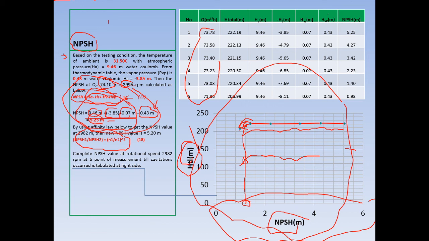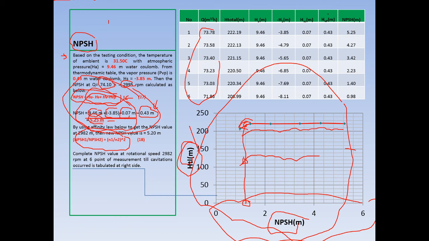Based on the rule of thumb, they said 0.5 meter is the difference between NPSH available minus NPSH required, but usually 1.5 meters in practice. So NPSH available must be bigger than NPSH required. If not, your pump starts to cavitate.